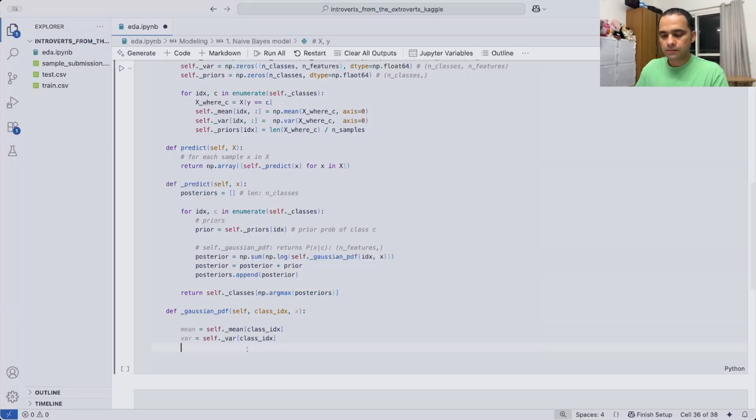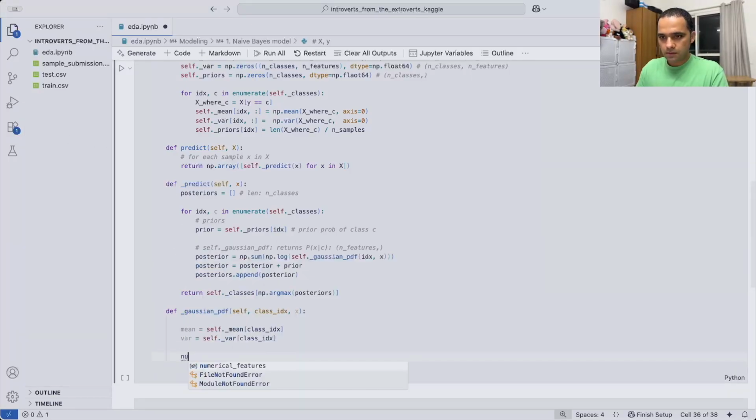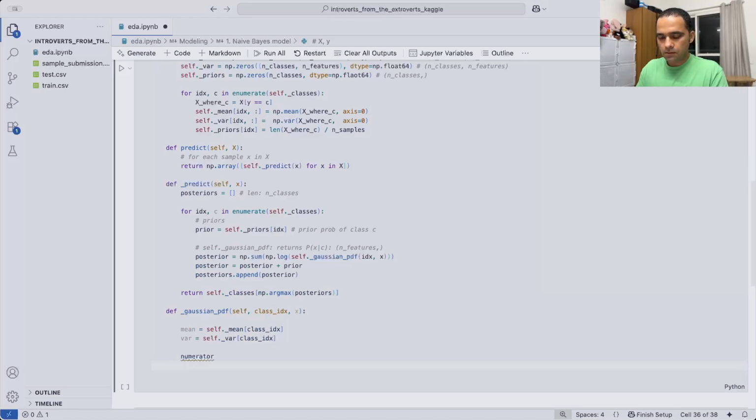Therefore, we will calculate a numerator and denominator. Denominator is nothing but 1 over 2 times np dot pi times var.